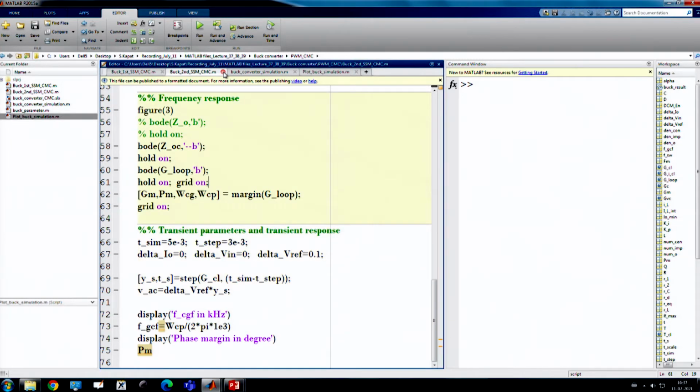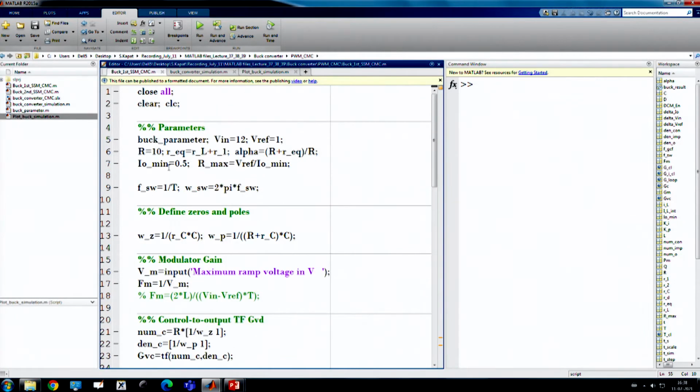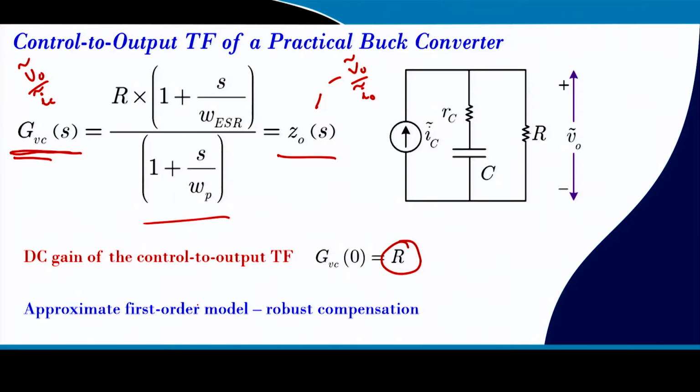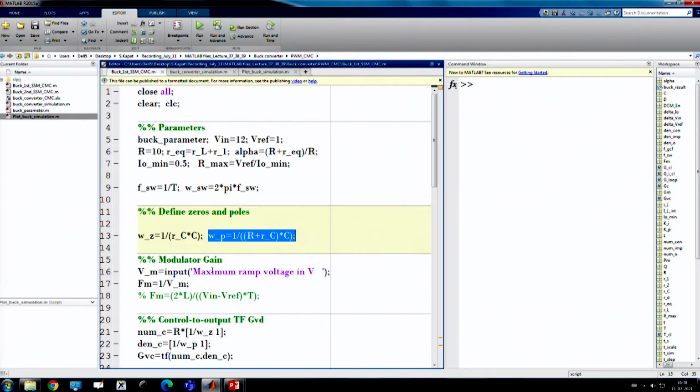So, we are talking about this first order model, and if you see the first order model, this is a parameter file where we call load resistance, then this is our ESR 0 and this is a single pole. That means, if you try to correlate, this is our single pole omega p and I take omega z to be the ESR 0.